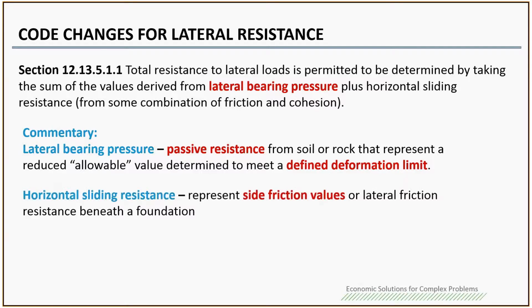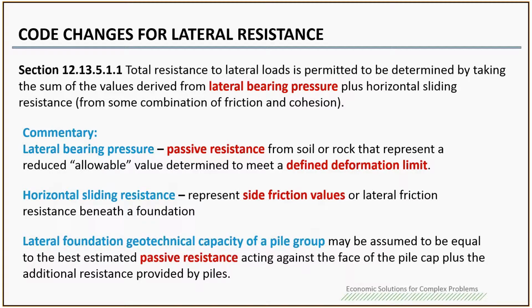Another interesting thing is horizontal sliding resistance. Unlike before, when you could only consider the lateral friction resistance beneath the foundation, now you can consider the side friction along the foundation. For deep foundations, it's similar.